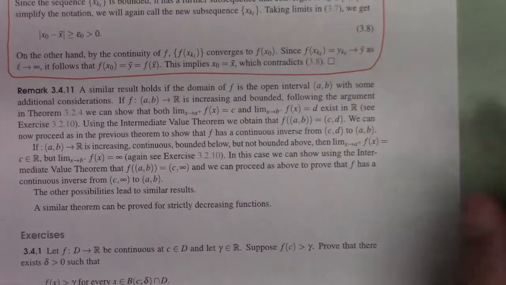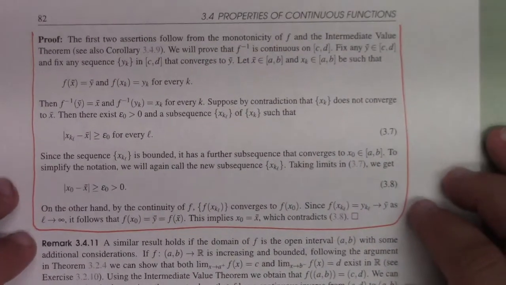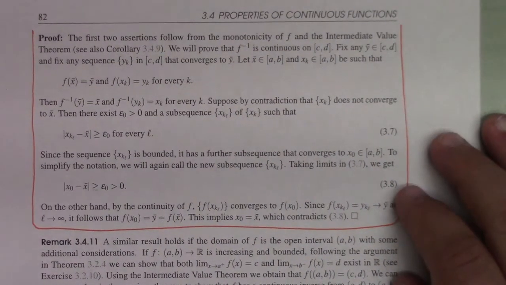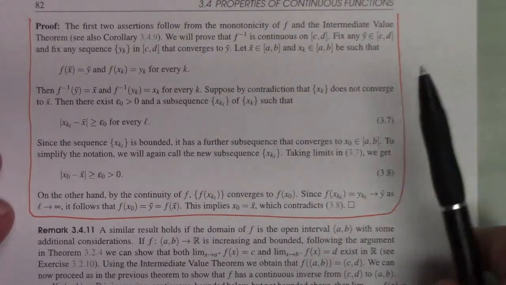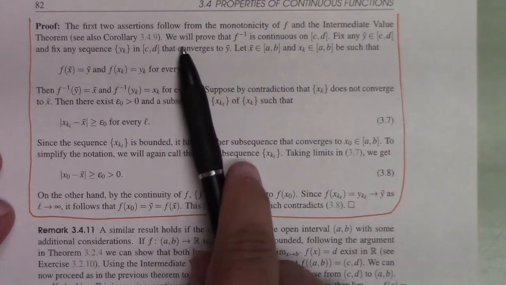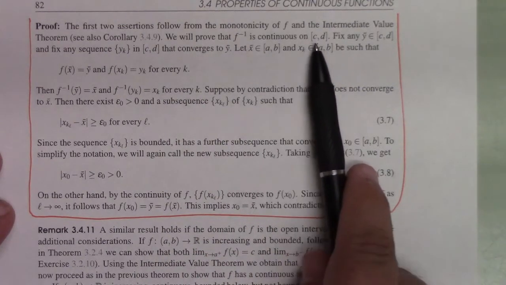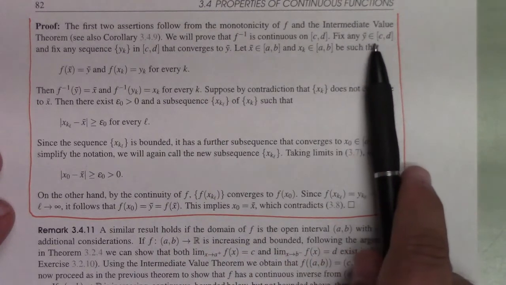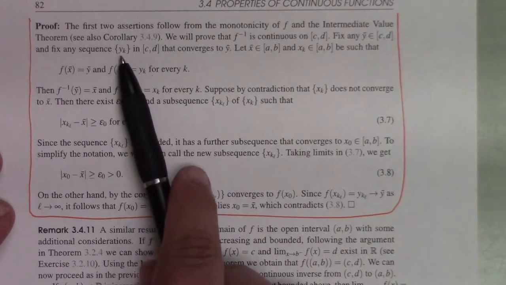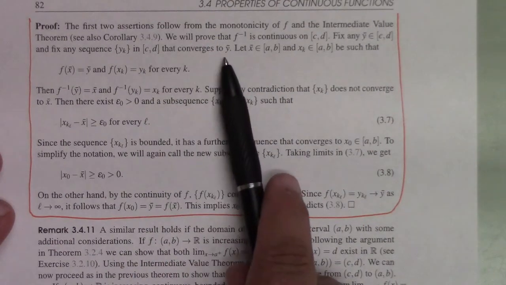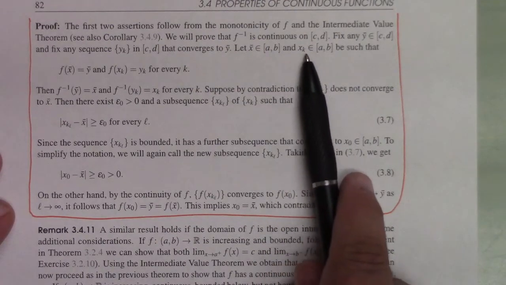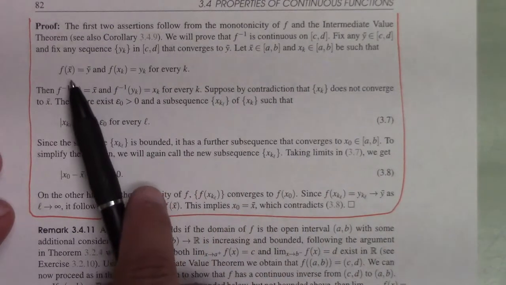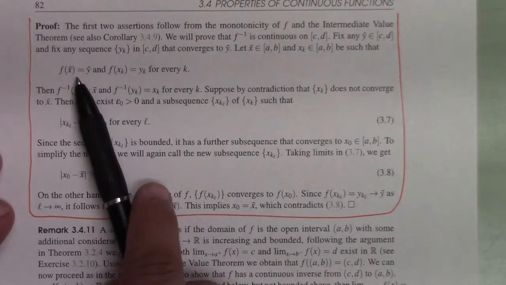So the proof is given on the next page. It relies on the intermediate value theorem. Let's see here. So how to prove f inverse is continuous on CD. Fix any y bar in CD and a sequence yk in CD that converges to y bar, and let x bar be in AB and xk in a comma b.